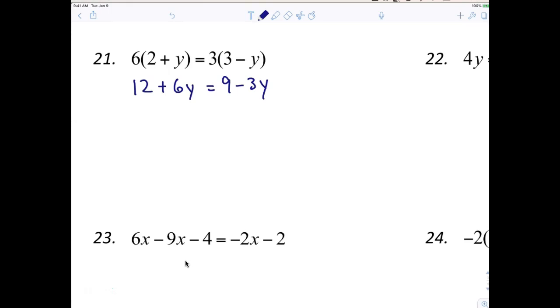Now they kind of tricked you. Remember, I want the variables on the left side, the numbers on the right side. So I would do what? Plus 3y. And then minus 12. Perfect.